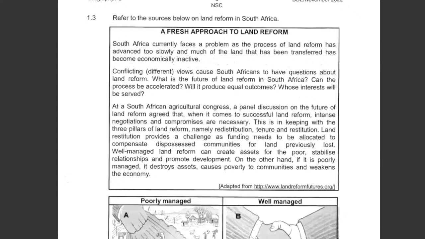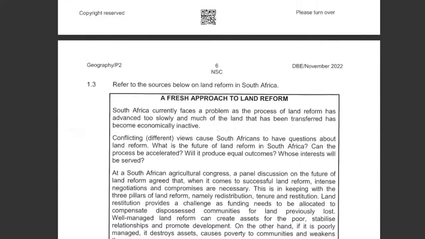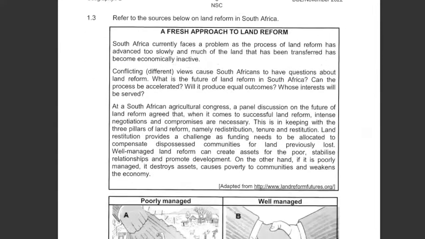Then you have a text here that we need to read before you proceed. It says South Africa fresh approach to land reform. South Africa currently faces a problem as the process of land reform has advanced too slowly and much of the land that has been transferred has become economically inactive.